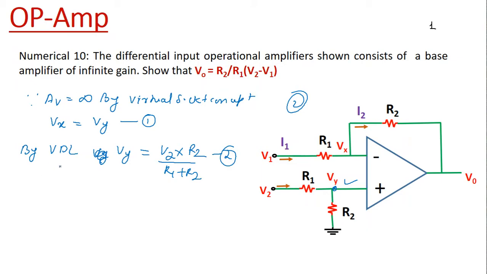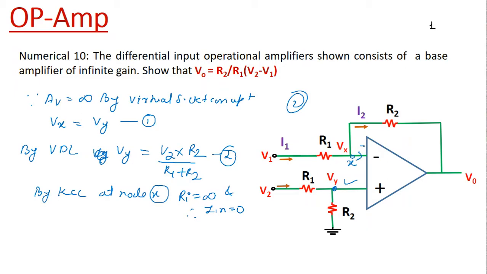Now we apply KCL at this node X. Since it is an ideal operational amplifier, AV is equal to infinity, so the input resistance will be infinite and the current In flowing through the input resistance will be equal to 0.